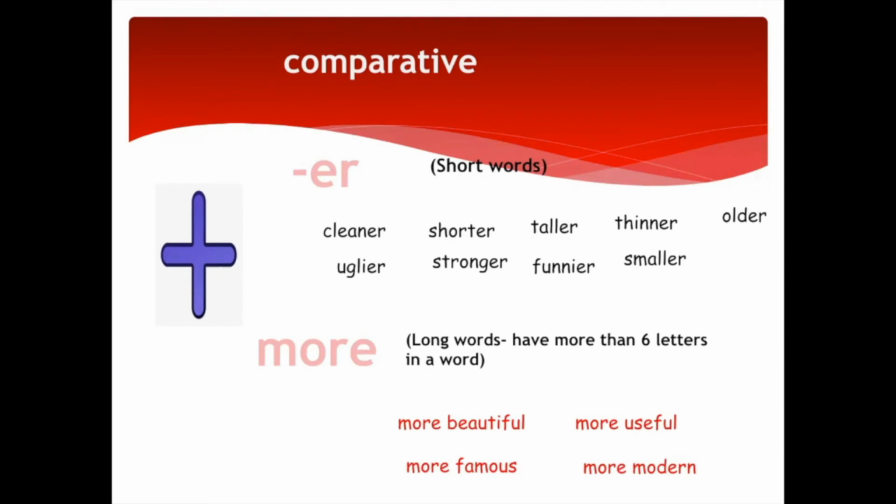Yes, 1, 2, 3, 4, 5, 6, 7, 8, 9. Yes, the word beautiful has 9 letters. So, for the words which have more than 6 letters, we are adding more to the beginning of the word, and we are changing the meaning of it.